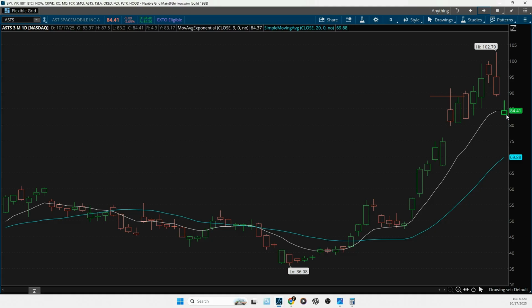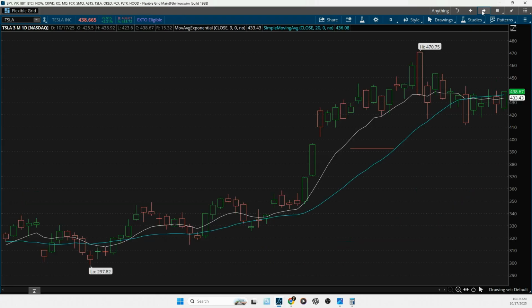With shorter term options, this one might be doing the same thing, setting up to boom, hit higher up here. It's probably going to test 100 again. We get down here at 84. Tesla, same thing. I wouldn't be surprised if sooner or later it hits 470 again. But it's not hitting 580, where I rolled one of my trades a few weeks ago when I first moved here.